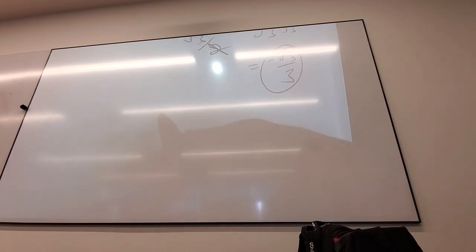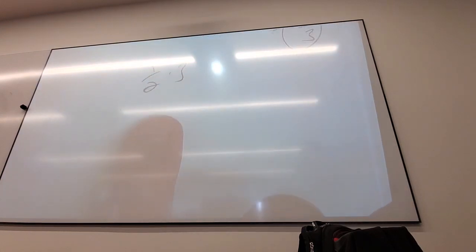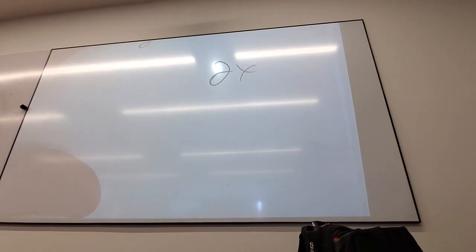So, sure, if I had half of 3 additively, now I know that says multiplication, right? But in 2x, what does a 2 mean? 2 times x. It's x plus x. So coefficients are additive. They tell me how many of this you want to add to itself.